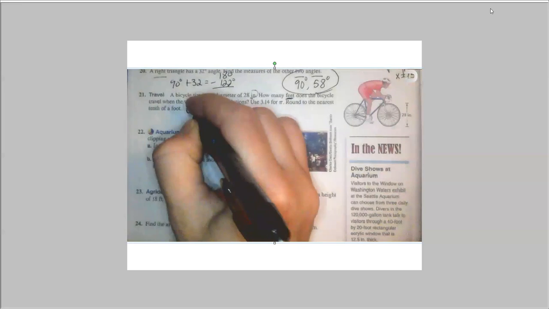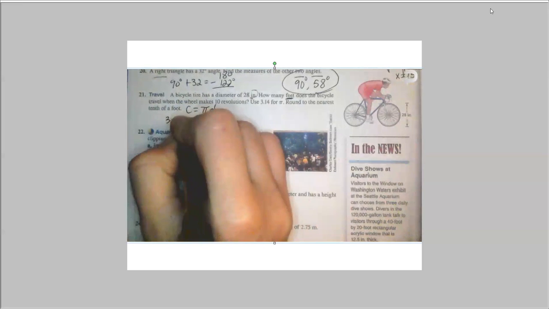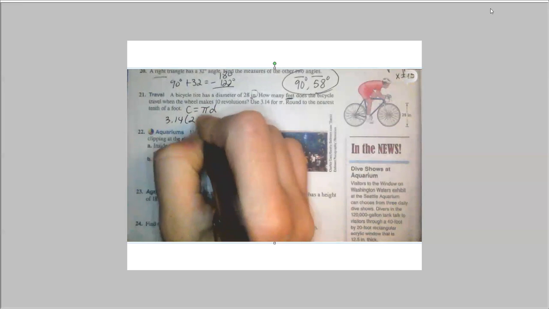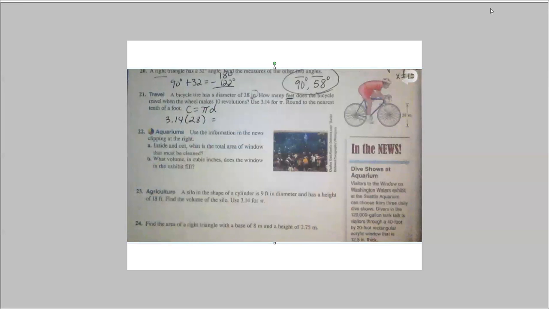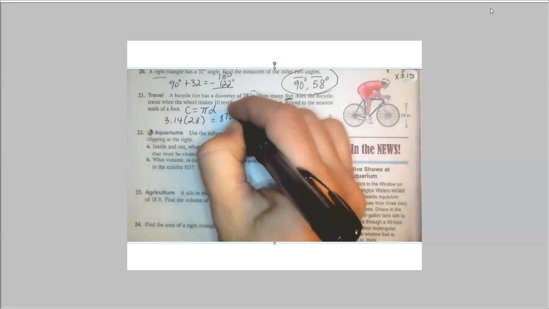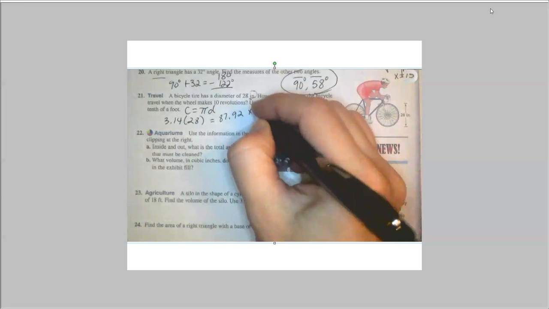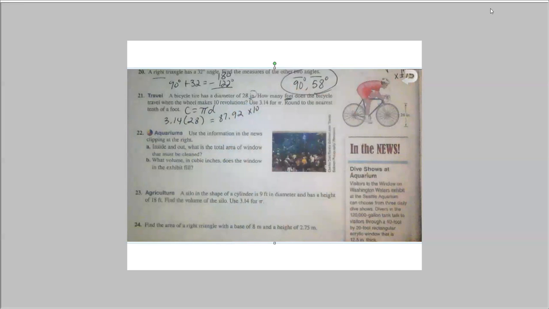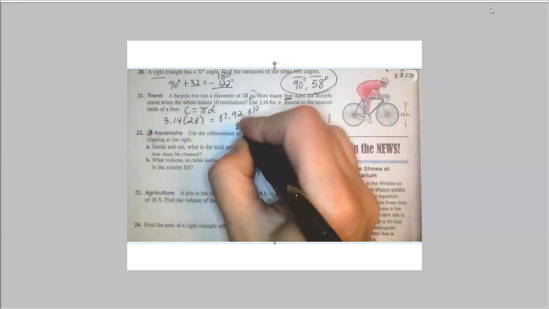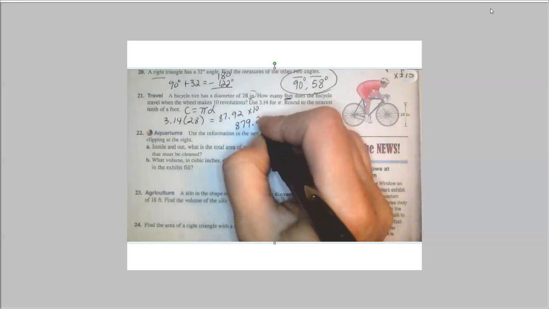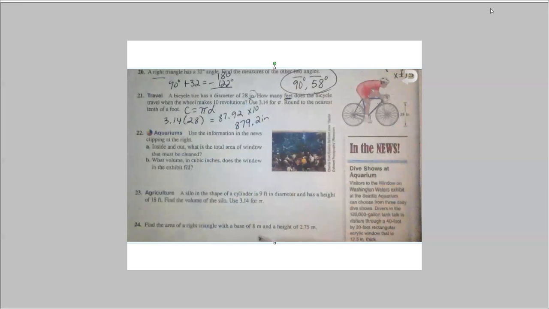So circumference is pi times diameter. That's 3.14 times 28, which is 87.92. That's just one turn. We're going to do this 10 times. So that gives me 879.2 inches. Okay, but remember, I need an answer in feet.